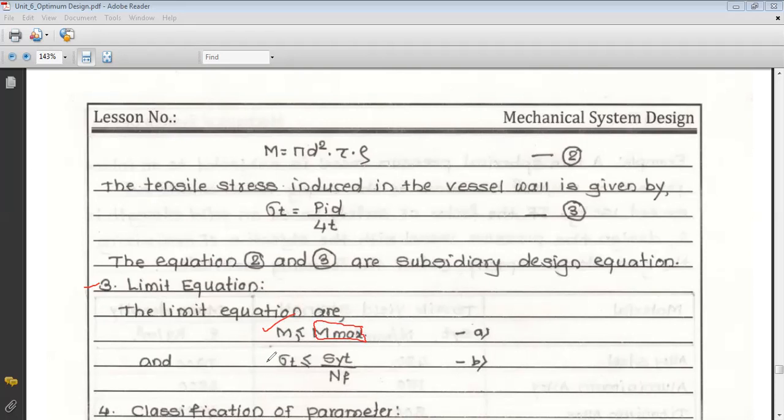And your tensile stress should not be greater than SYT upon factor of safety. So sigma t should be less than or equal to SYT upon factor of safety, that is SYT upon NF.